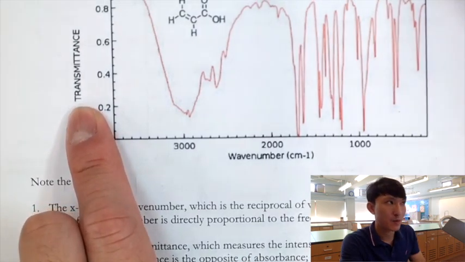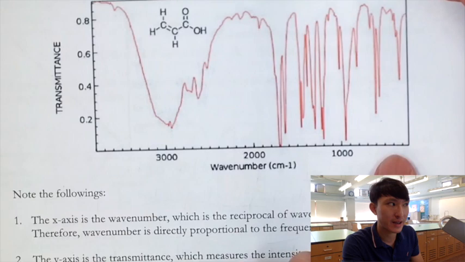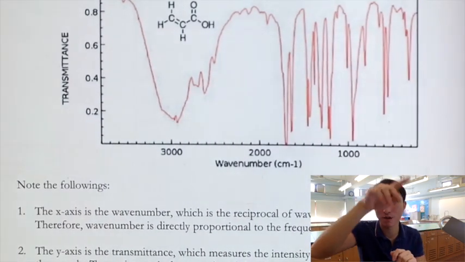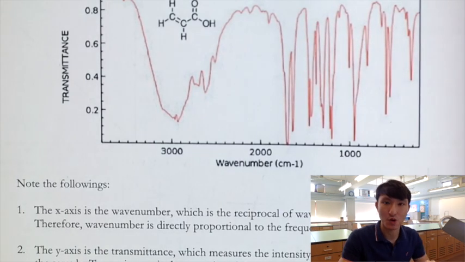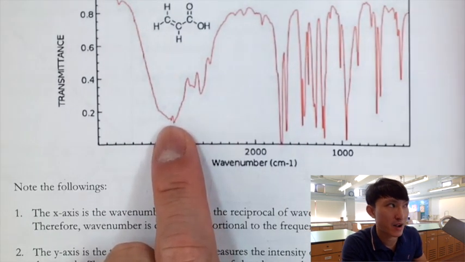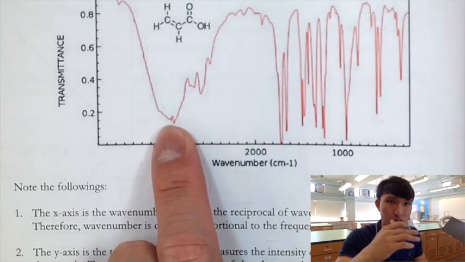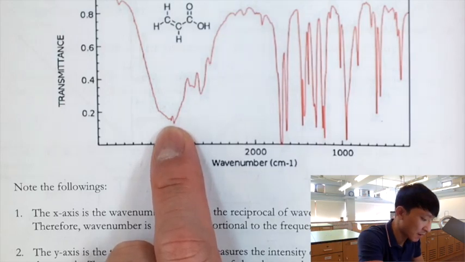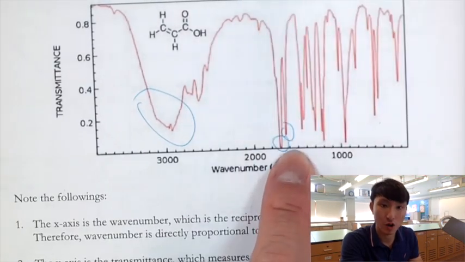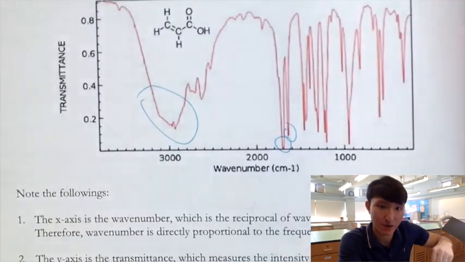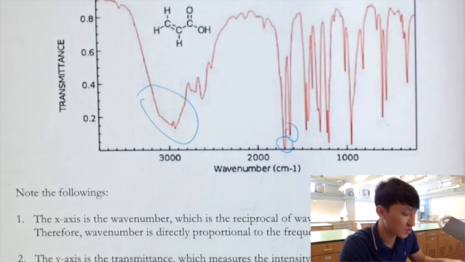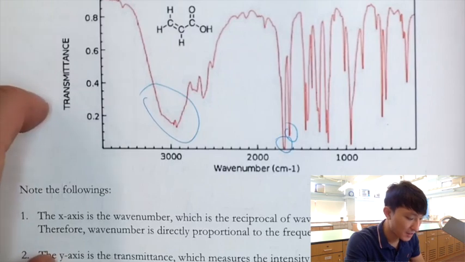That's why when we look at this graph, we are looking at the so-called peaks. Peaks are supposed to be the top of a mountain, right? But here, the so-called peaks are those points where the transmittance is very low. So the so-called peaks are this, this, and this. These are what we call the peaks, but they point downward. So it's quite weird. This is weird point number one: they use transmittance instead of absorbance.